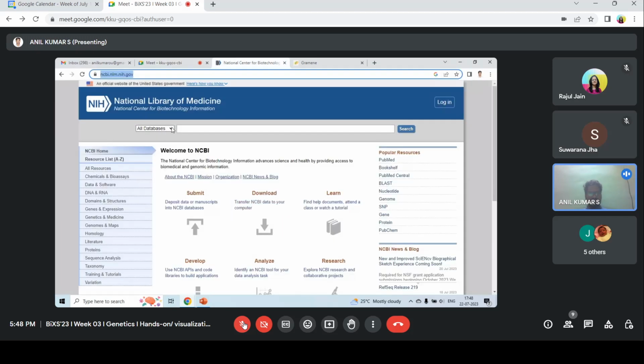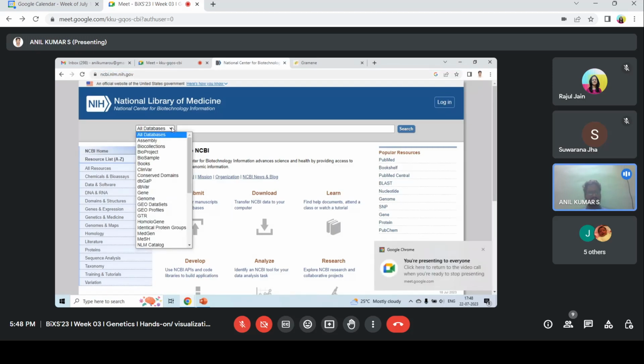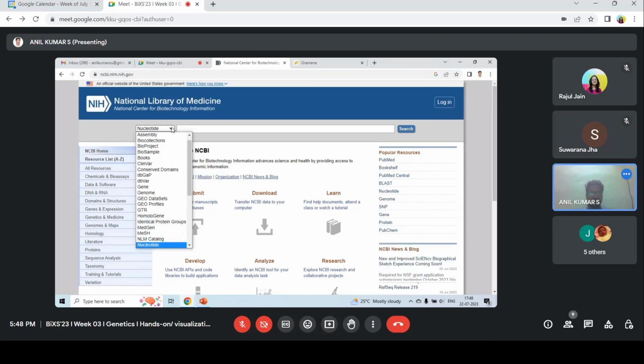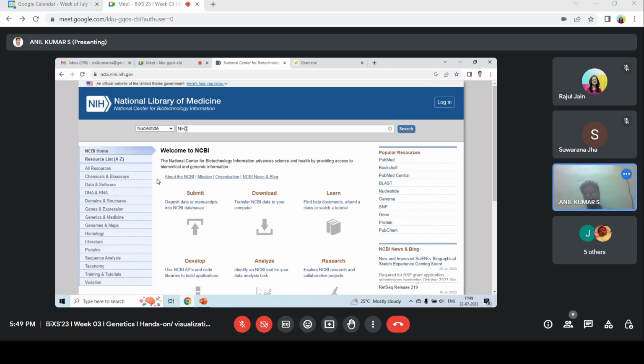Open NCBI. In NCBI, you can see two tabs here, right? In the first one, search nucleotide. Type nucleotide, or you can come down, or come up to letter N and choose nucleotide. In the second tab, type the gene name.